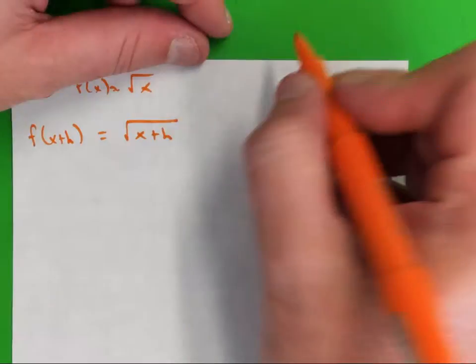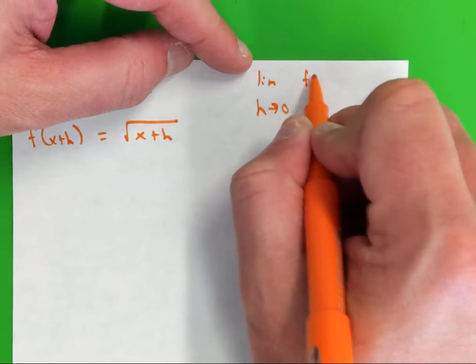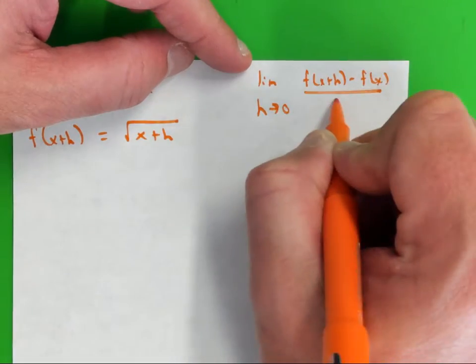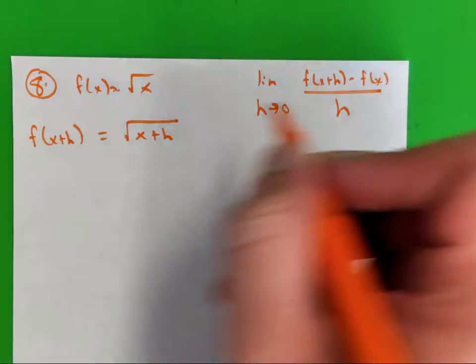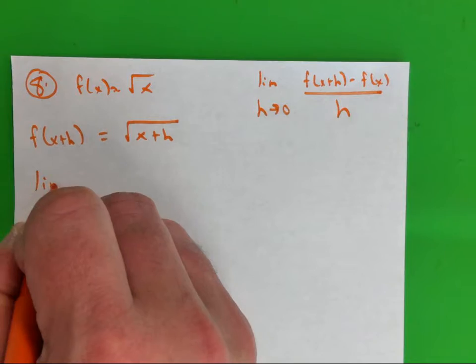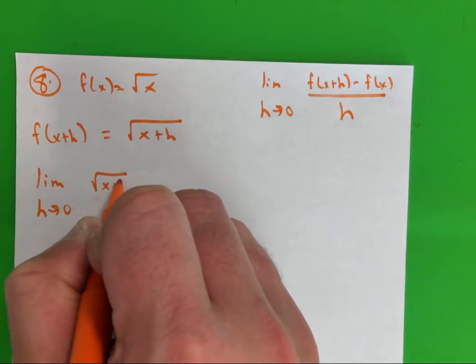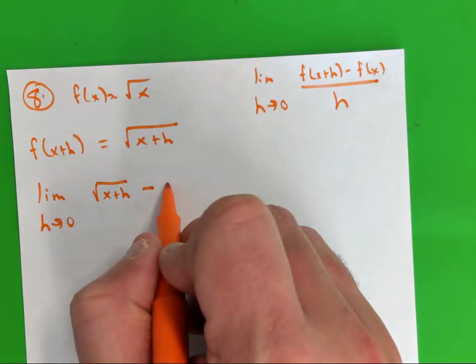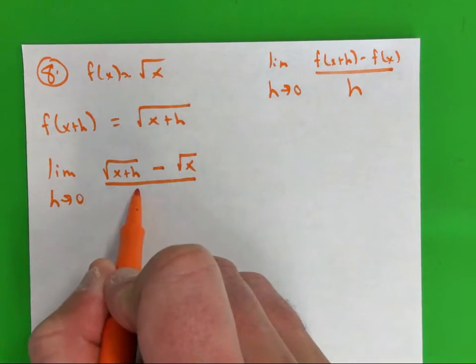Now I'm going to use that formula, the limit as h approaches 0 of f of x plus h minus f of x over h. Plug this in. Minus f of x would just be square root of x, wouldn't it? All over h.